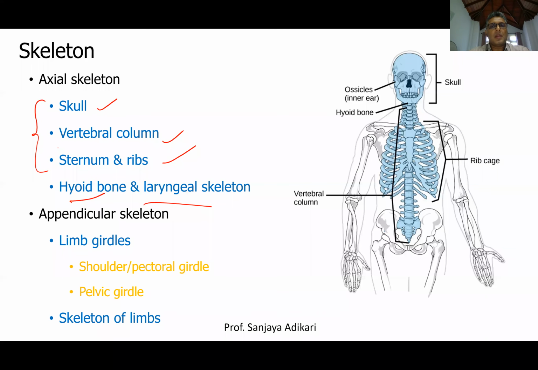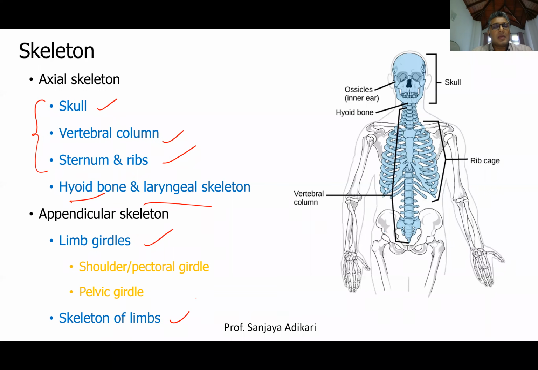Then when it comes to the appendicular skeleton or the limb skeleton, you can call it either way, you have two parts actually. The actual skeleton of the limbs, the upper limb and the lower limb, then the girdles, limb girdles. Okay, the skeleton of the limbs and the limb girdles.